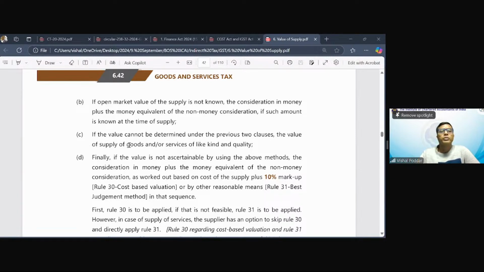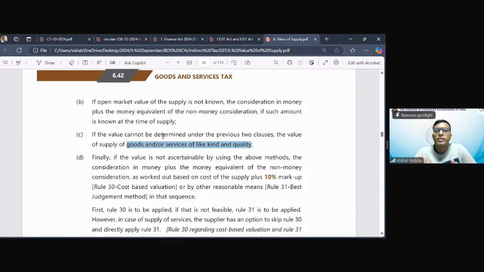Value of supply of goods or services of like kind and quality. So I will try and see if other professionals are providing the same type of consultancy, which is of like kind and quality. If I get that, then I will find out what is the fees that they are charging. That fees will be taken as my value for Mansha's services. So this is what is rule number 3.